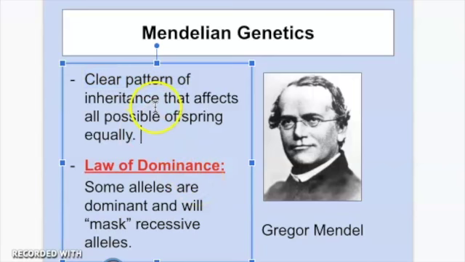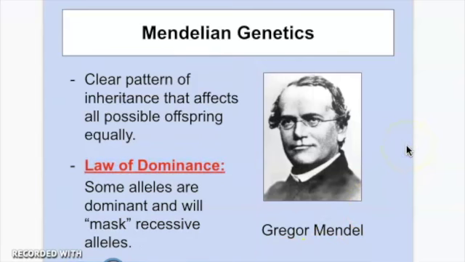A big part of his theories was this law of dominance, where some alleles are dominant and will actually mask or cover up the recessive alleles. So our big capital alleles cover up our small lowercase alleles. And we've seen this through our Punnett squares.